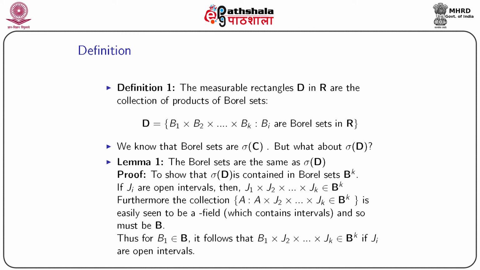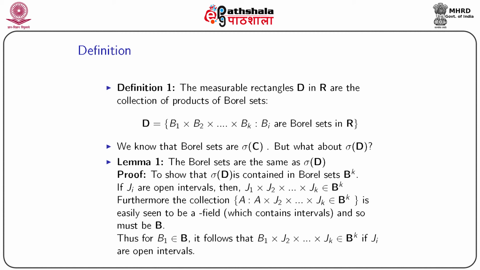So now we have the first definition. The measurable rectangles D in Rk are the collection of products of Borel sets. By D we mean the set of B1 into B2 into Bk, where each of these Bi's are Borel sets in the real line.